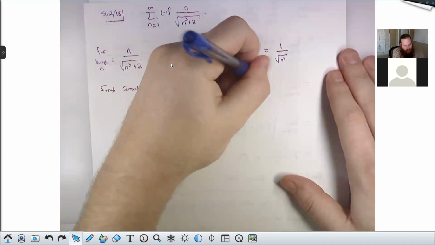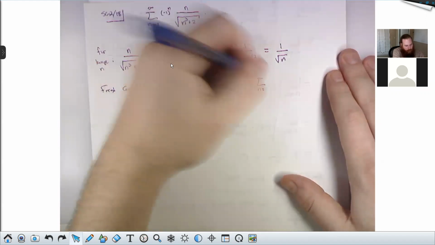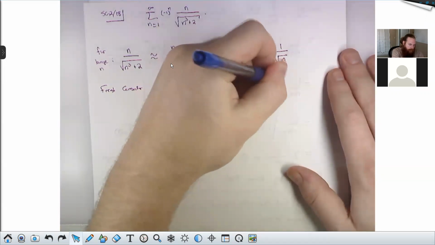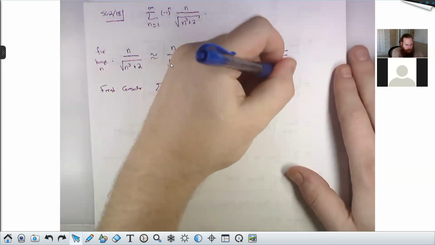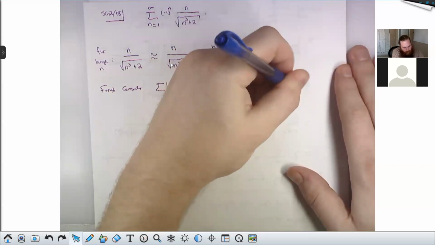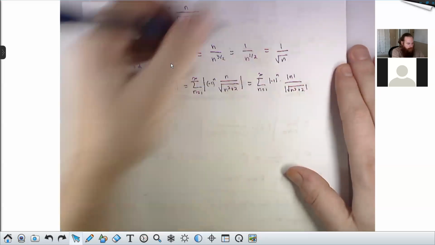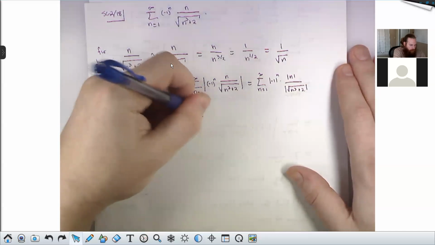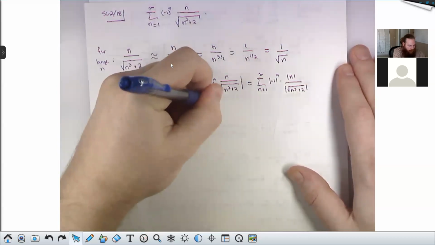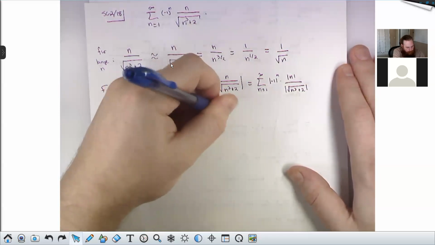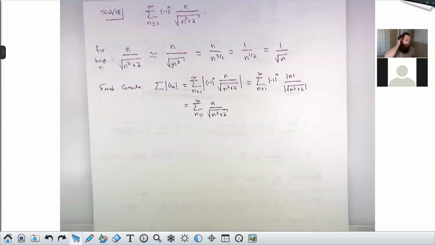This guy is the sum from 1 to infinity of the absolute value of -1 to the n times the absolute value of n over the absolute value of the square root of n cubed plus 2, which is equal to, the absolute value of -1 to the n is just 1. Absolute value of n is just n. The absolute value of that square root is just that square root. So the absolute value series is this.